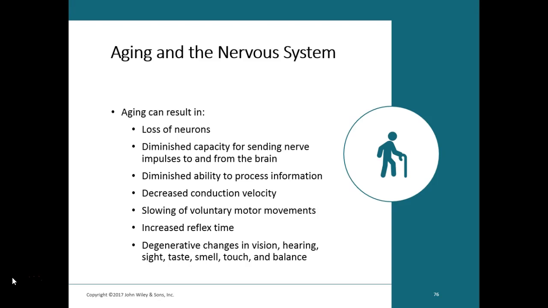In addition, we have degenerative changes in the receptors for vision, hearing, taste, smell, touch, and balance, as well as the processing or association of that, and then of course any motor actions that result or should result because of that stimulus and association.